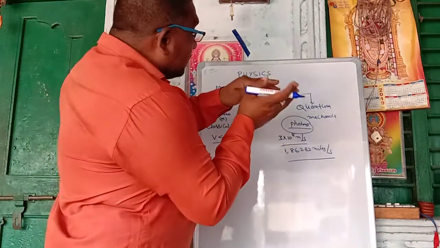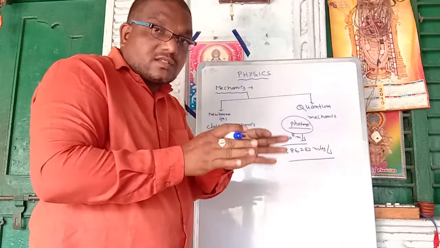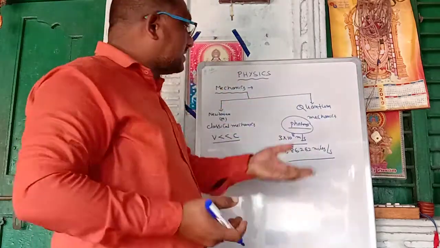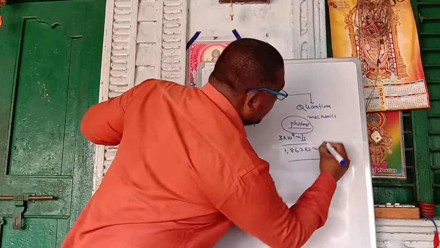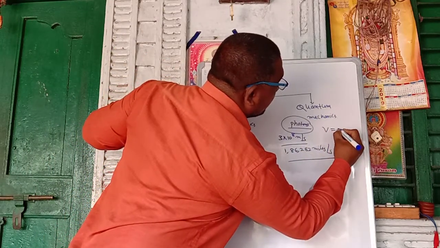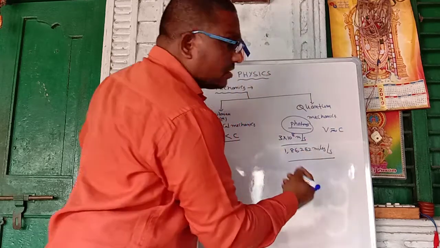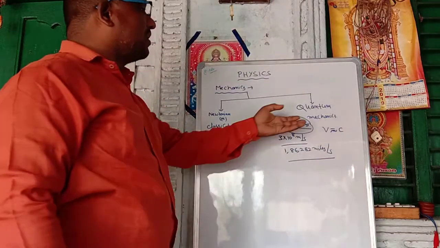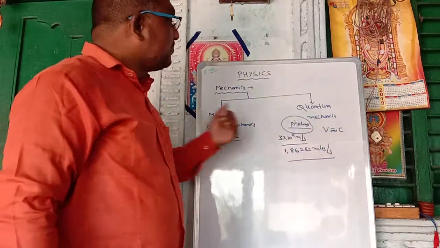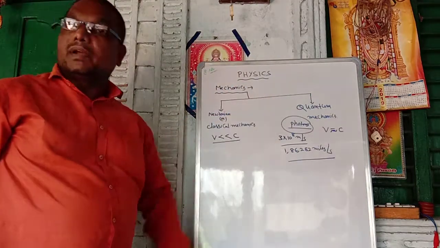The study of those particles, material bodies which are moving with the speed of light or approximately equal to the speed of light, so here v is approximately equal to the speed of light, the study of the motion of those bodies is called quantum mechanics. This is the difference between Newtonian mechanics and quantum mechanics.